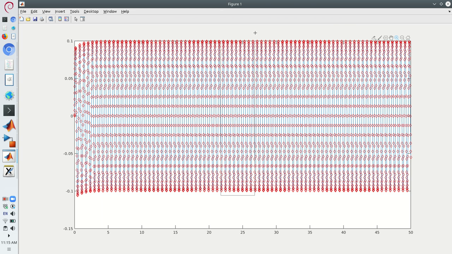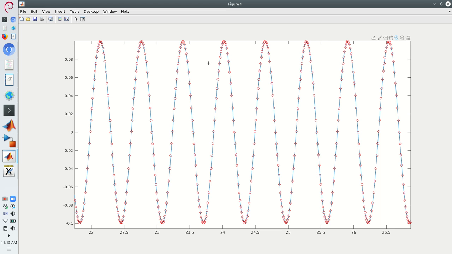It's a little busier for a simple reason. The frequency of the input now is 10 times. So in the same time when we had just 1 oscillation, now we have 10 oscillations. But as you can see, again, the computation that we had is correct.